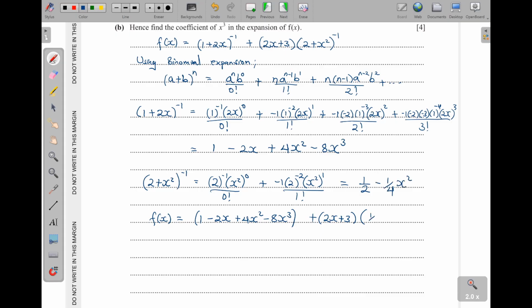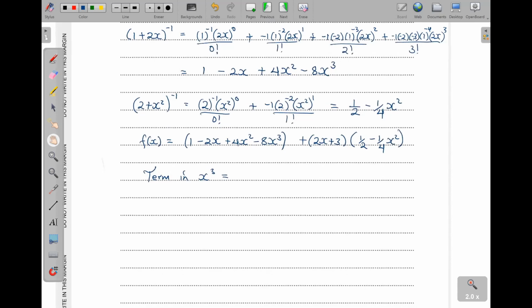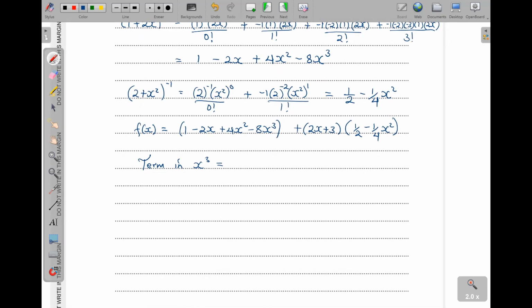So this one is a half minus a quarter x squared. I don't need now to expand each and everything. I just need the term in x cubed. The term in x cubed, we look at those values that are going to multiply, and then we remain with x what?